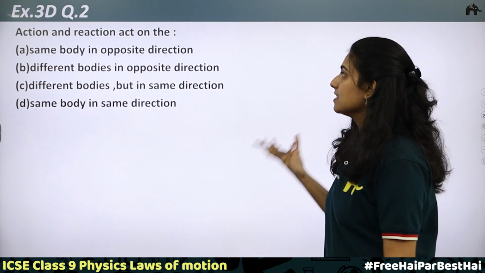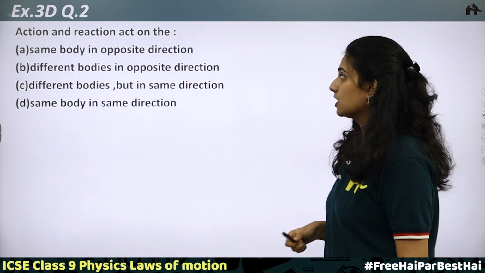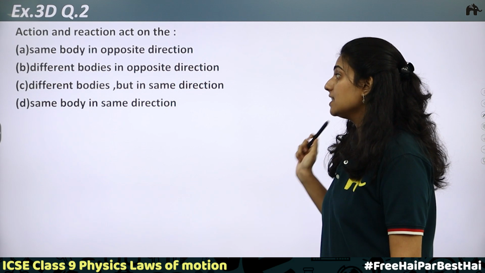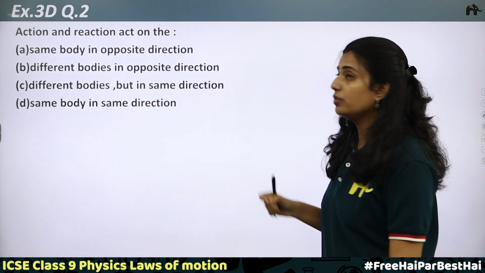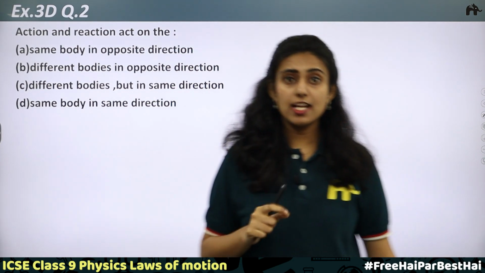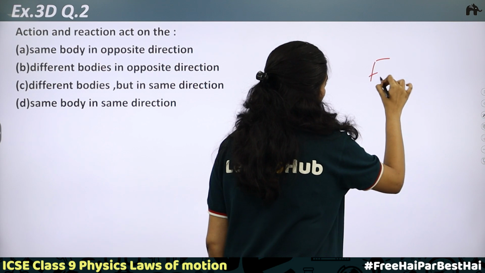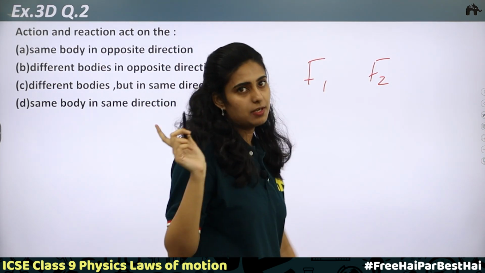Second question of exercise 3D: action and reaction act on the same body in opposite direction, different bodies in opposite direction, different bodies but in the same direction, or the same body in the same direction. What is the statement for Newton's third law of motion? Action and reaction are equal and opposite forces that act on two different bodies.